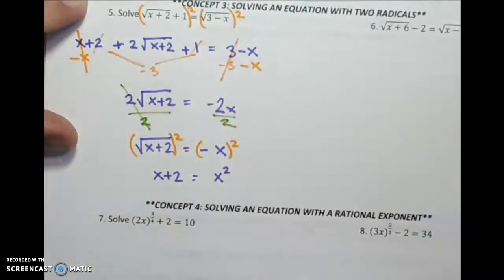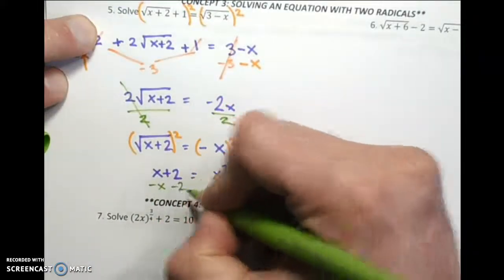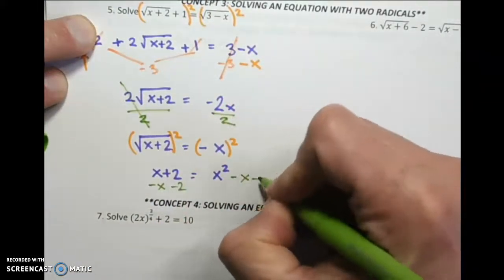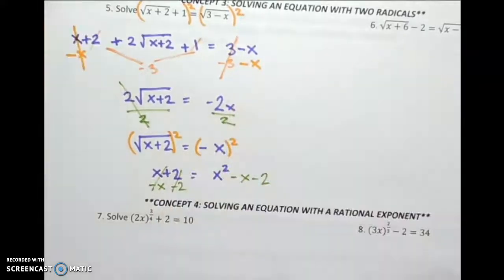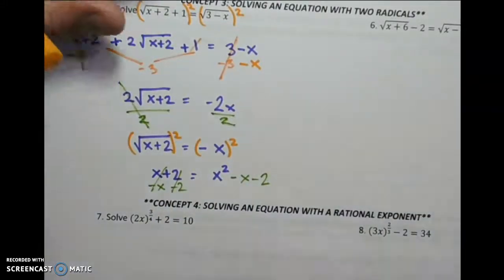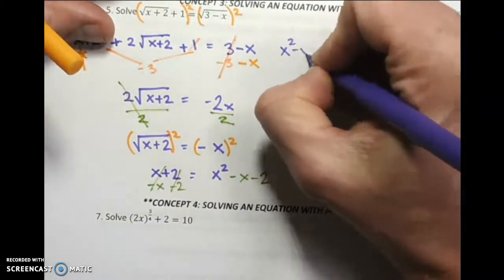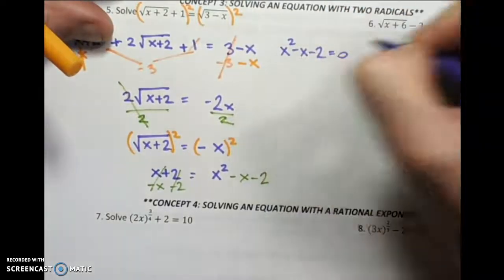Now I'm going to continue to solve by subtracting x and subtracting 2 from both sides, getting 0 on one side of the equation and the quadratic on the other. What I have is x squared minus x minus 2 equals 0.